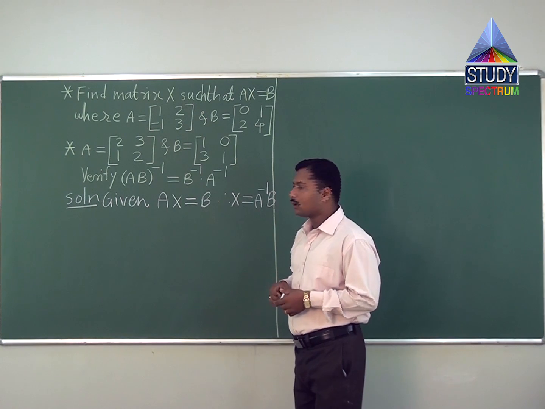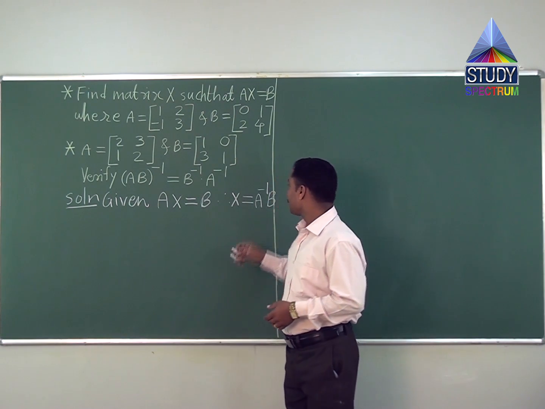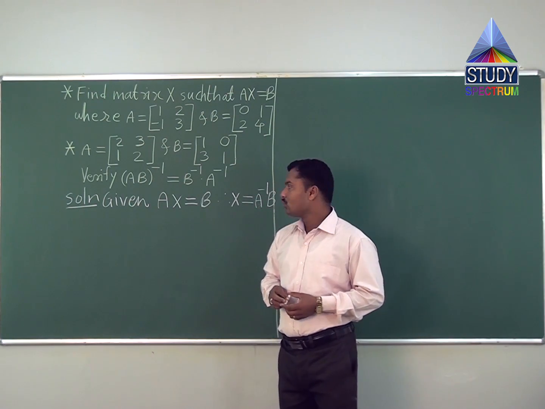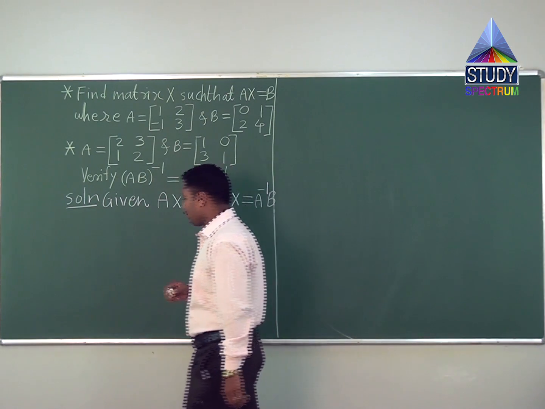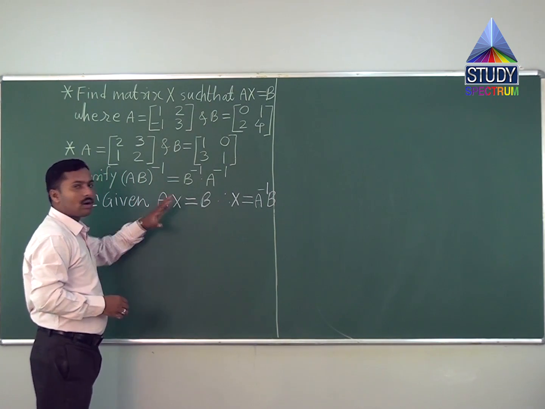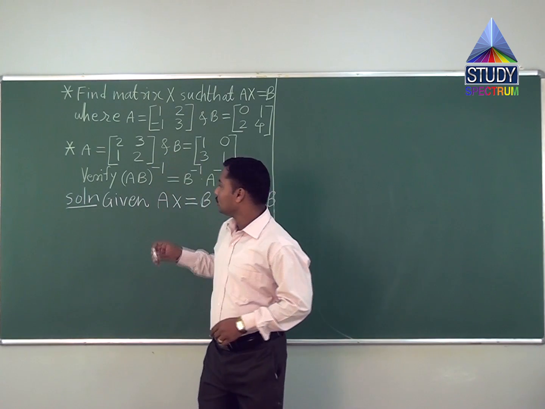For finding A inverse, what is the procedure? We use the adjoint method. For adjoint method, what is the formula?